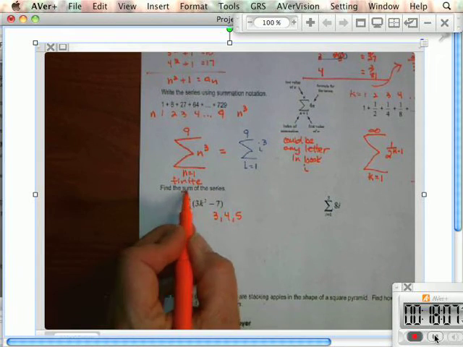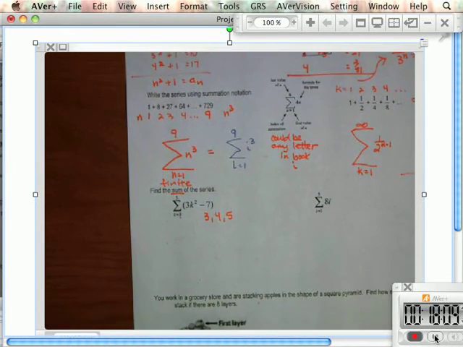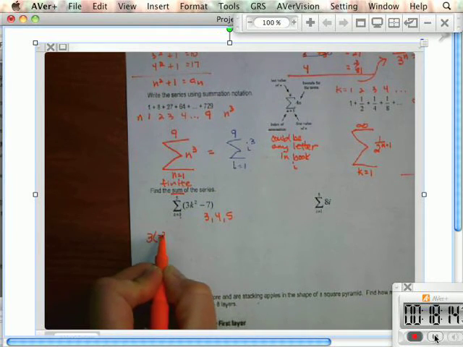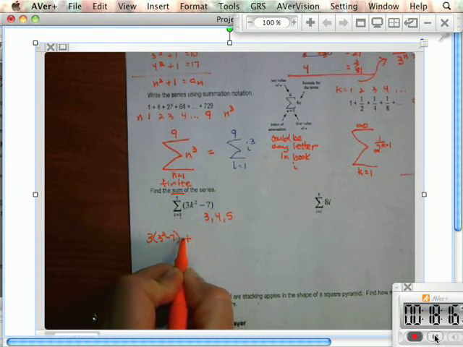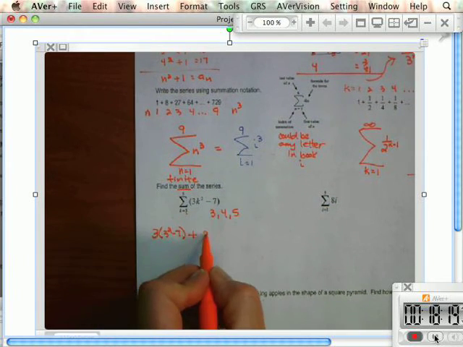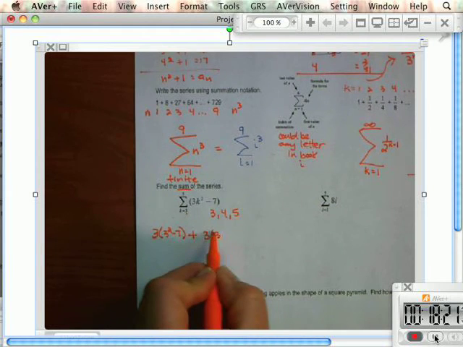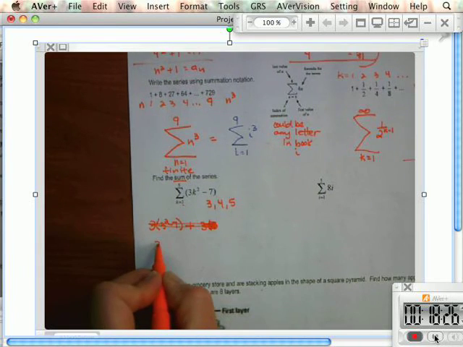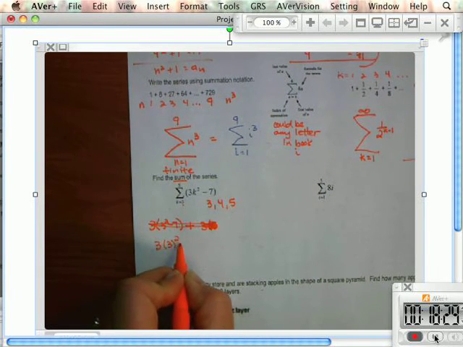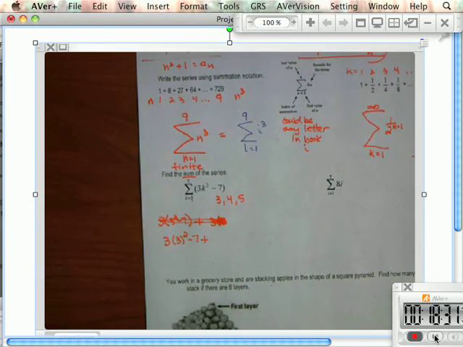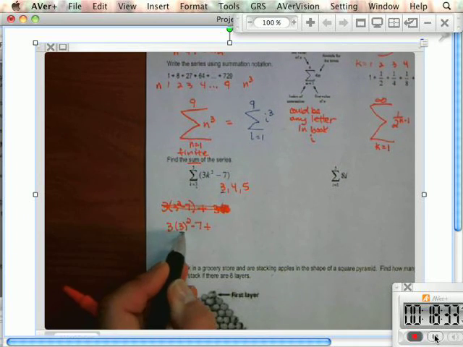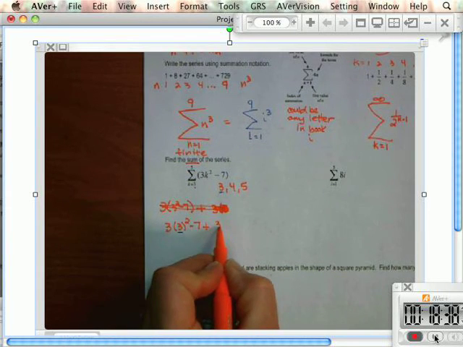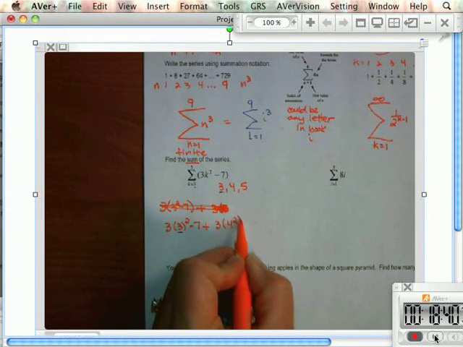And what does sum stand for? Adding. So we do 3 times 3 squared minus 7. Excuse me, I didn't write that right. Let's write that over. 3 times 3 squared minus 7. I put the first input in. I'm putting 3 in. And then I add to it 3 times 4 squared minus 7.